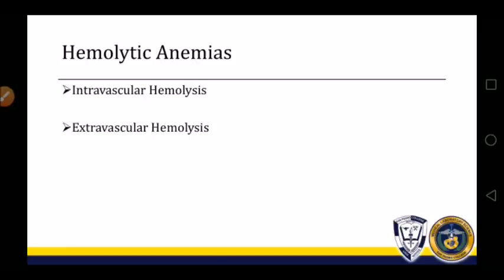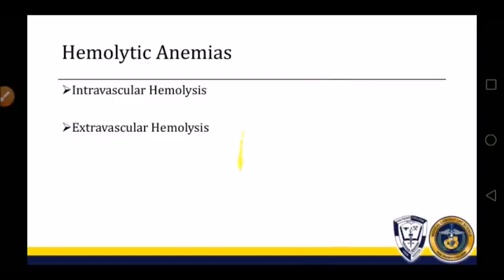And once that happens, RBC destruction is increased, meaning more hemoglobin is released, therefore more hemoglobin is broken down, and thus more bilirubin is produced.